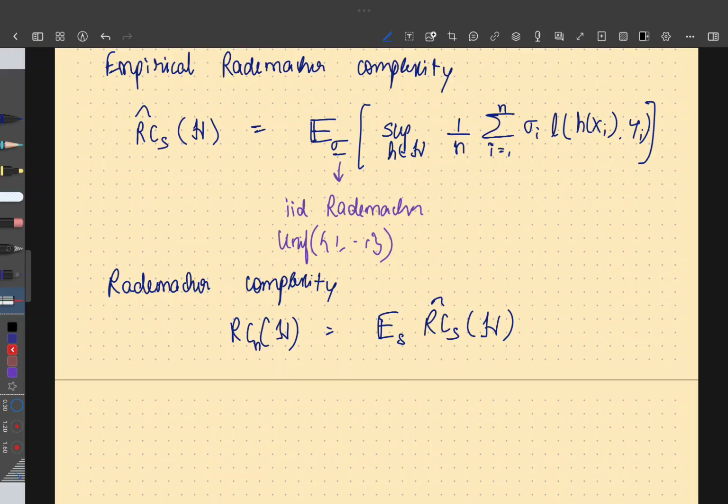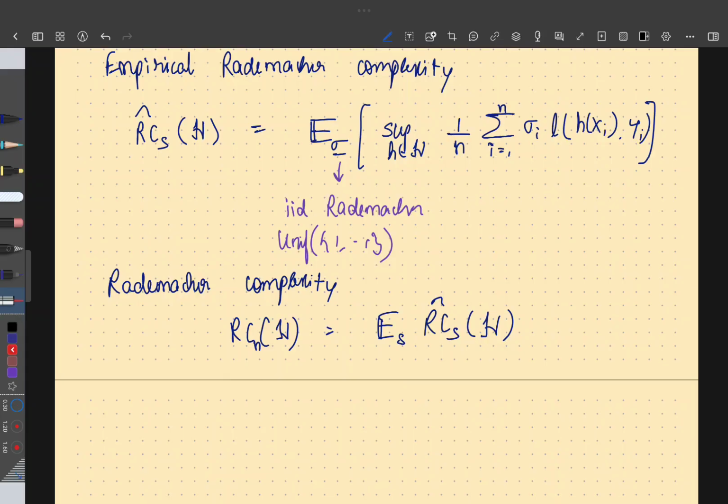I don't say that it is actually the worst case, because this depends also on the particular configuration sigma 1 through sigma n. There are 2 to the n possible configurations of sigma, and for each configuration of sigma, the supremum could be achieved by a different function h.